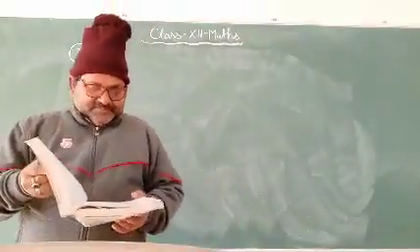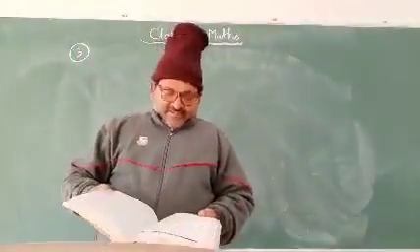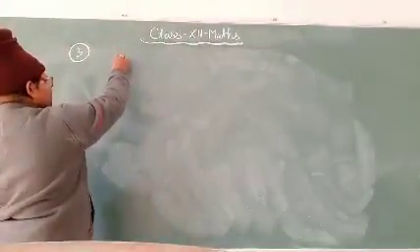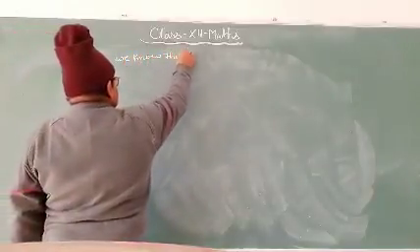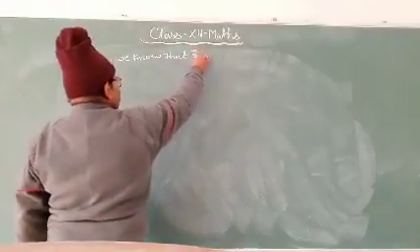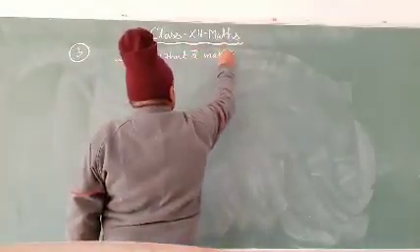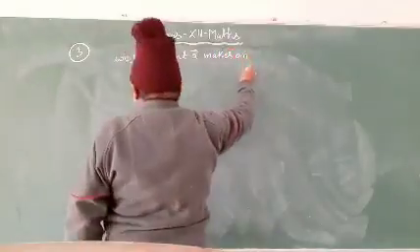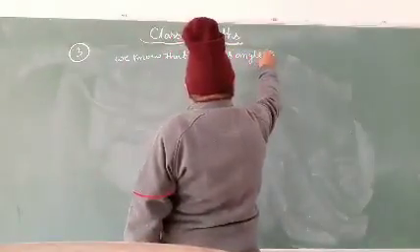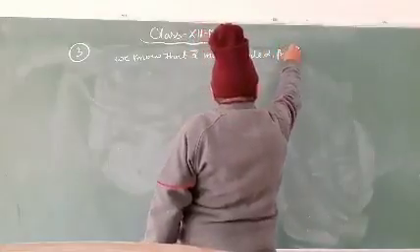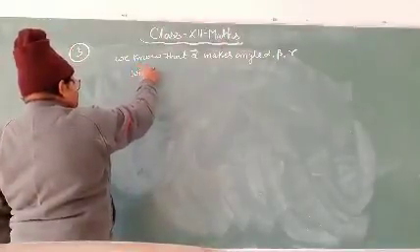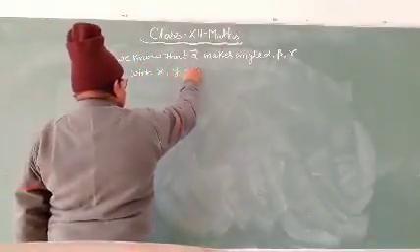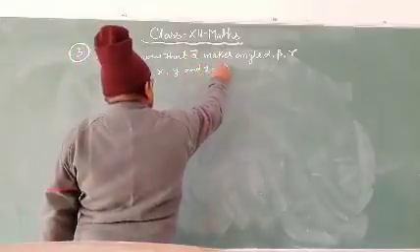We know that vector A makes angles alpha, beta, gamma with the x, y and z axes.